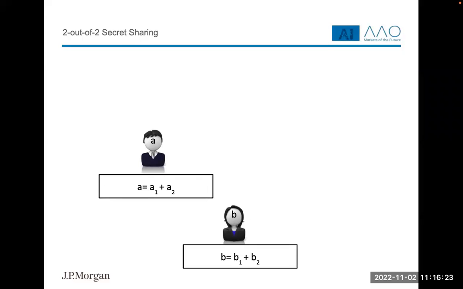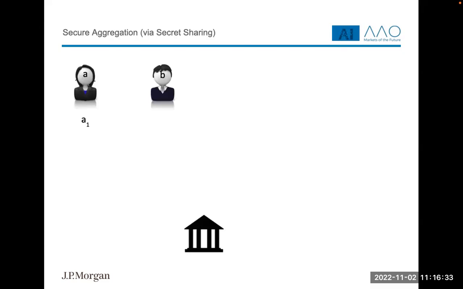So every party takes their secret value. Here, think that this is the number of shares that they want to trade. They split it in 2 parts, and then they exchange each share. The first party gives his second share to the second party, and likewise, the other party does the same. Here I'm showing a simple secure aggregation.